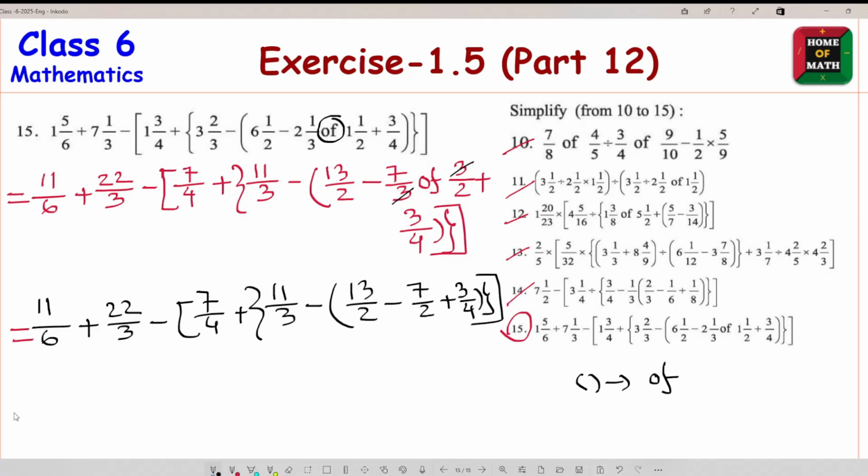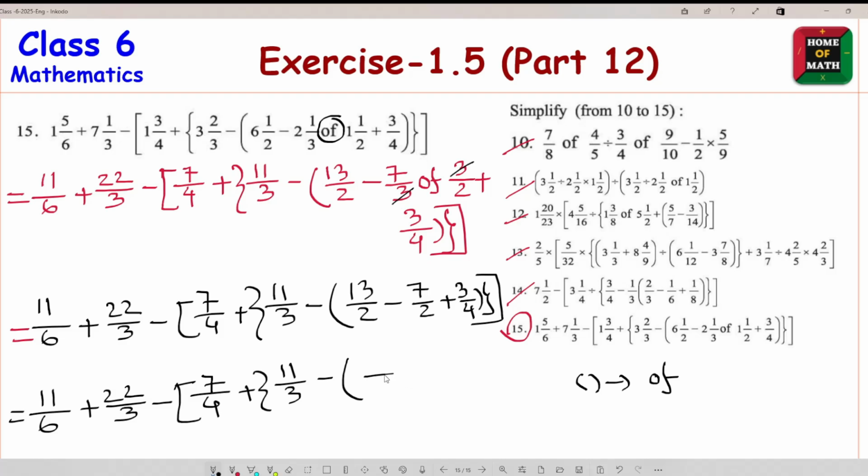So 11 by 6 plus 22 by 3 minus 7 by 4 plus 11 by 3. Now 2, 2 and 4, the LCM should be 4. So 2 times it would be 26, this one is 14 and this one is 3, right? Okay.